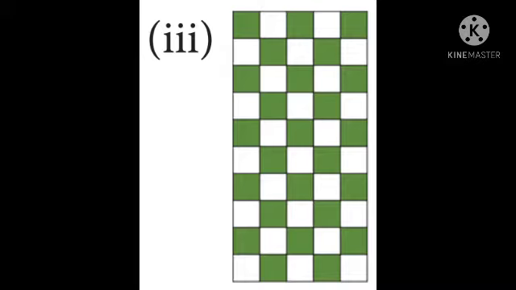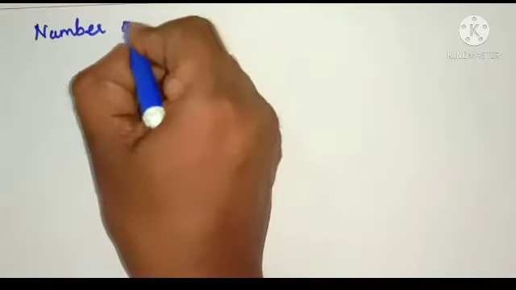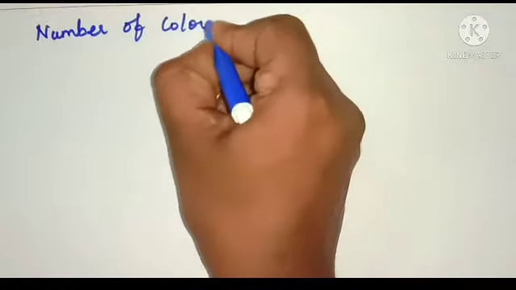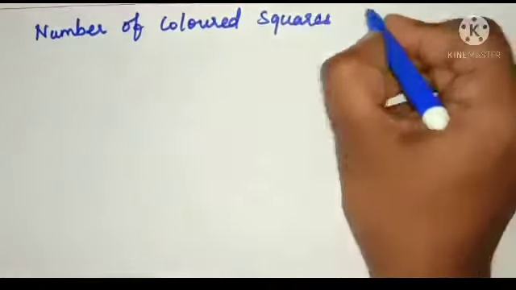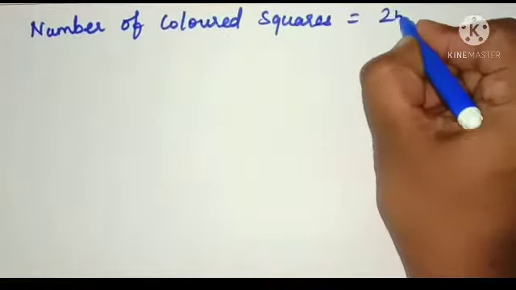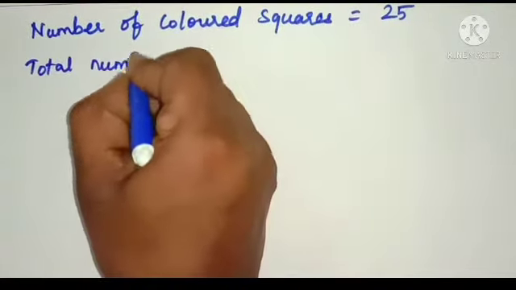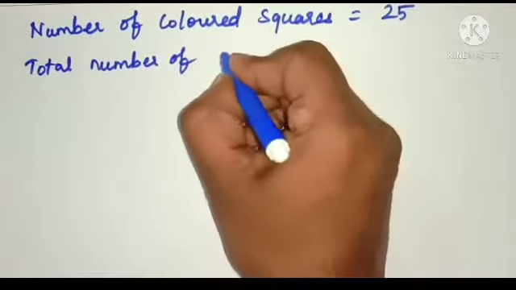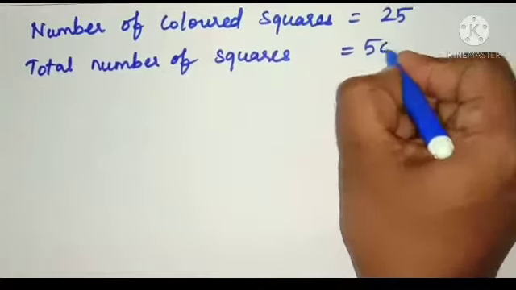Children, in the following grid, the total number of squares is 50 and the number of colored squares is 25. Here the number of colored squares is equal to 25 and the total number of squares is equal to 50.